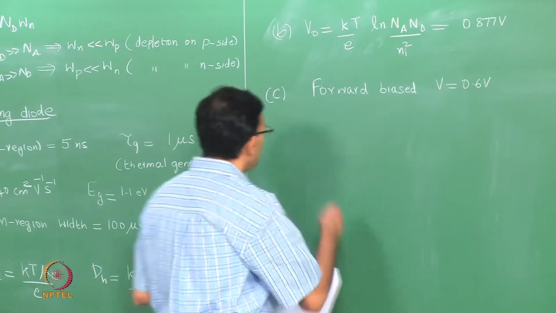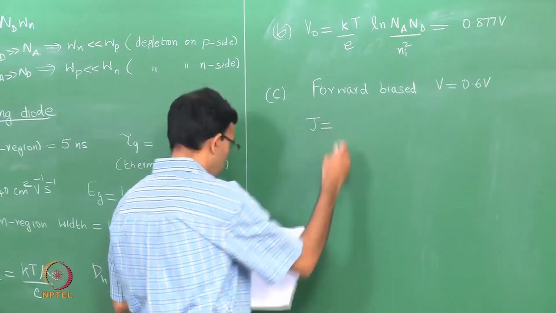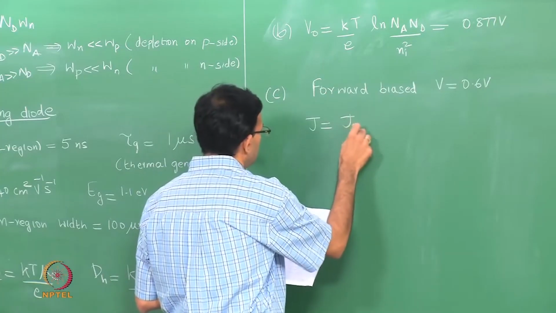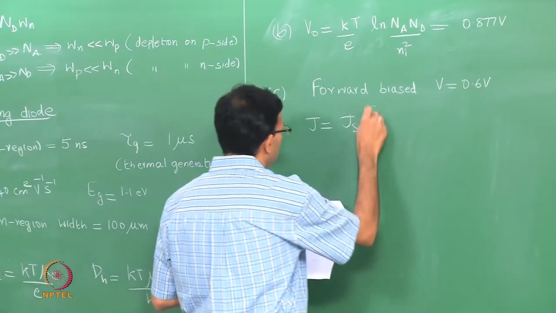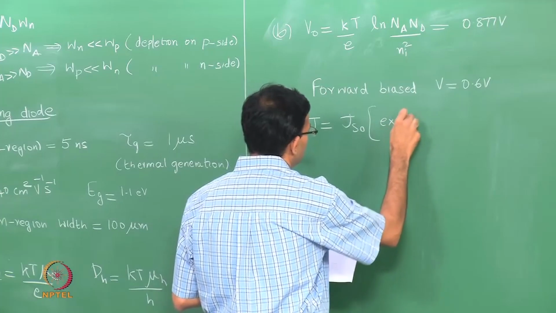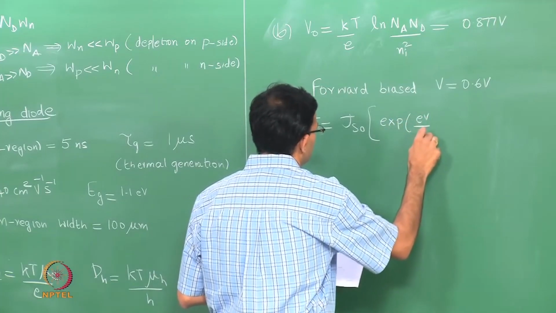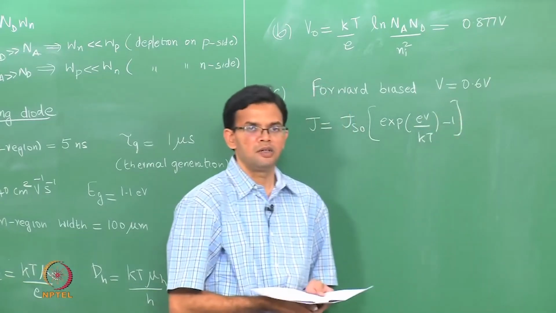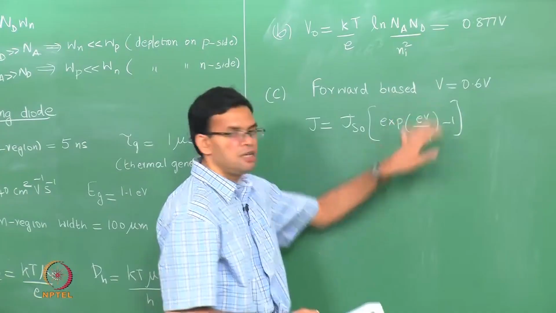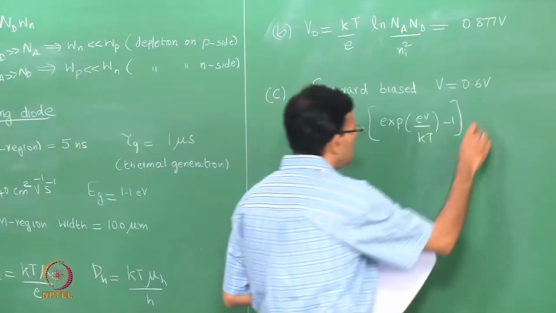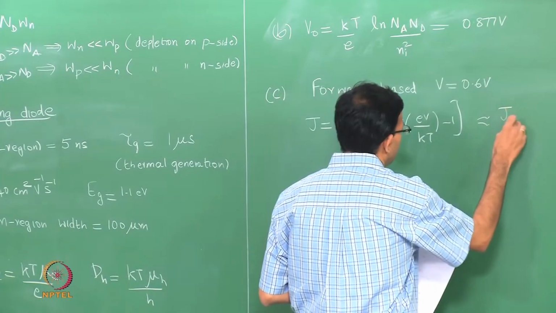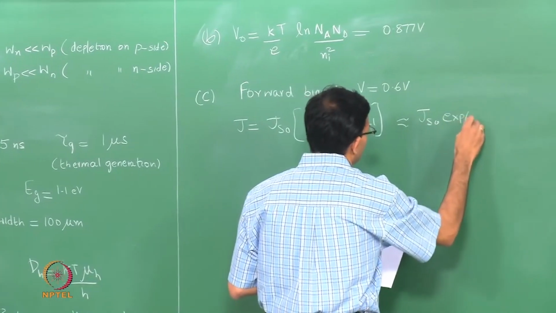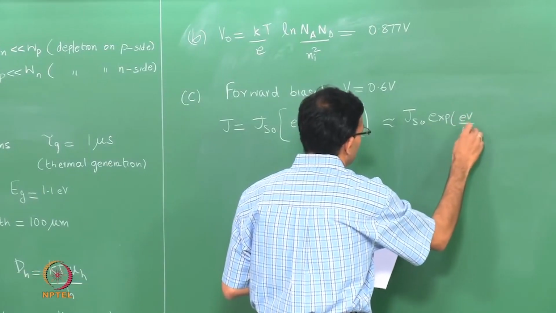In this particular case, the current density is given by a constant Js naught times exponential eV over kT minus 1. Usually the exponential term is much higher than 1, so that this can be written as Js naught exponential eV over kT.